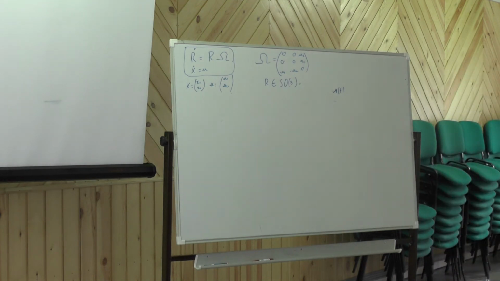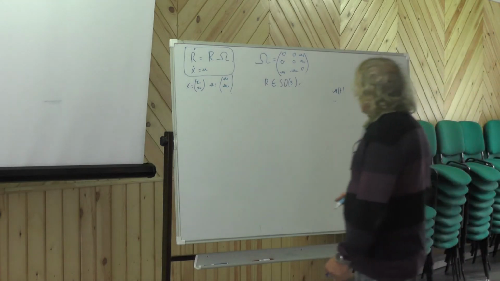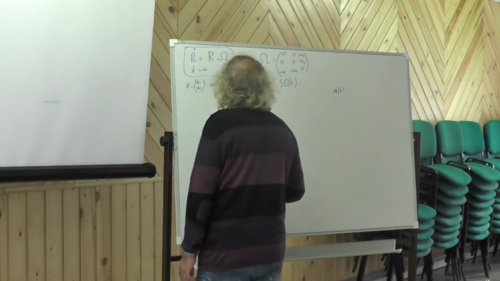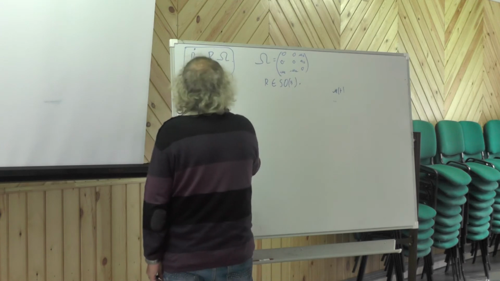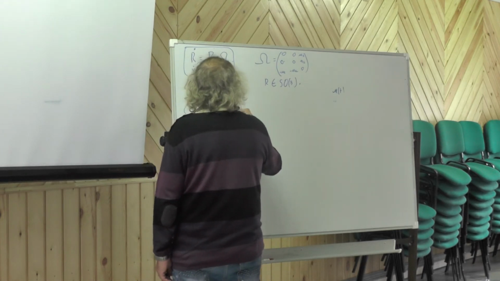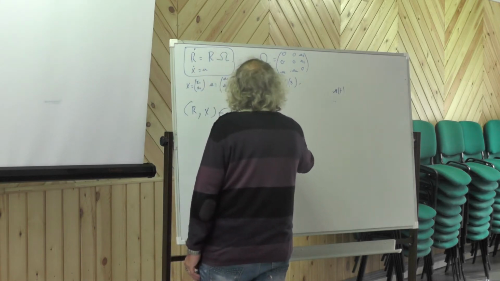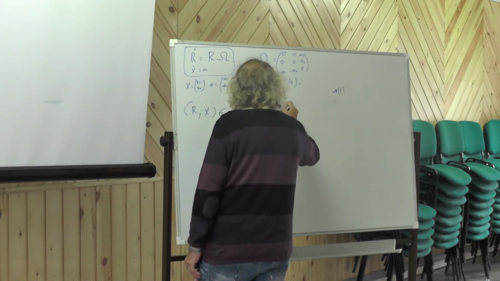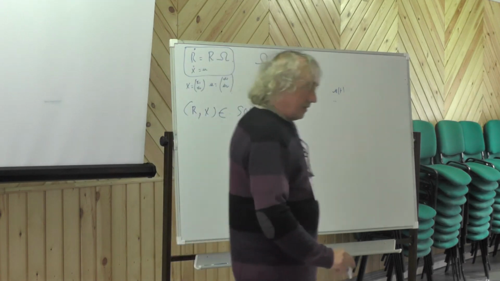If you are at a point, you just have to choose the direction on the plane along which you want the contact point to move. So (R, x) belongs to SO3 times R2, which is the state space.